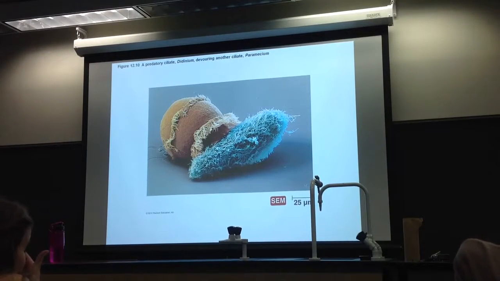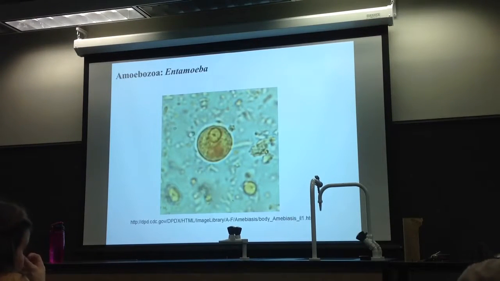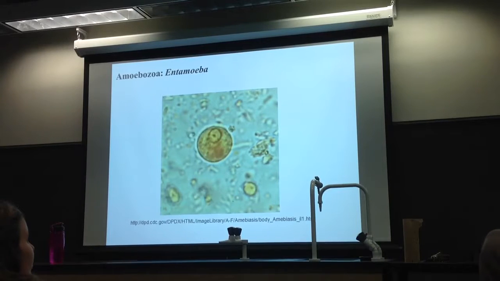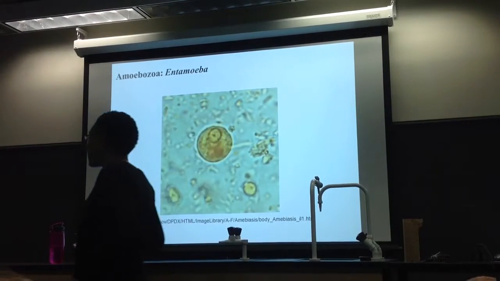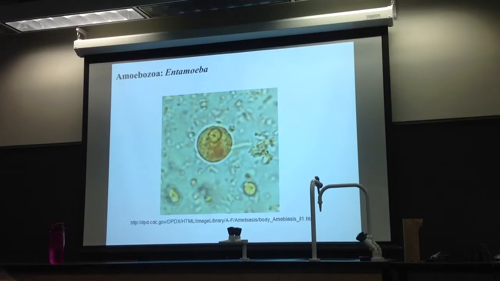Poor thing. Now this guy, I think most of you have this in your next lab practice. It's an amoeba, another protozoan, that moves by amoeboid movement. These guys cause another type of diarrhea, amoebic dysentery.